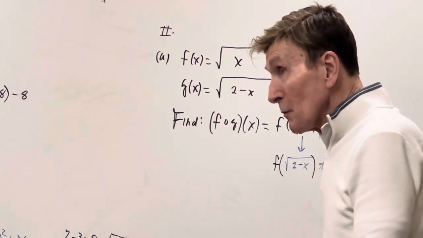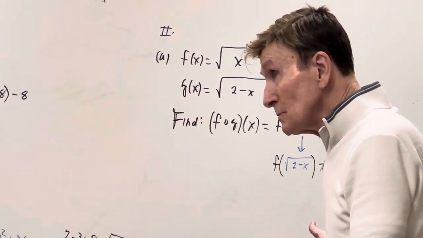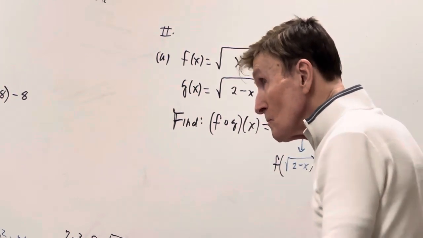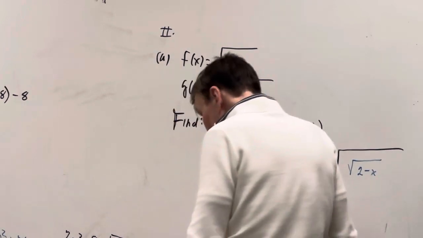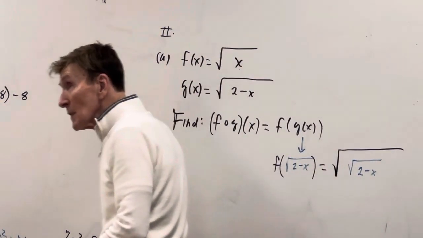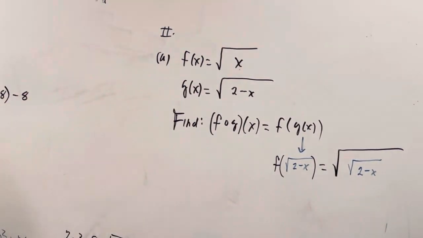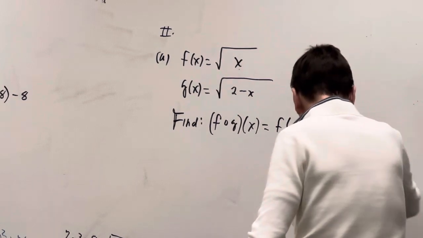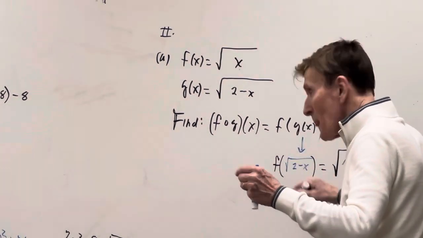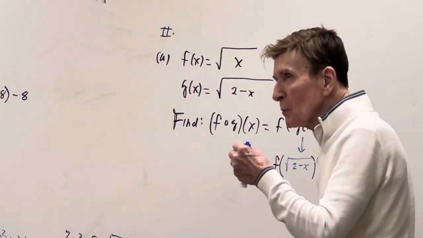Does anyone see another way that you could express that answer? I've got a square root underneath the square root. Is there another way to express it? Maybe you have this in the textbook and you check your answer in the back and say, Professor, I missed it. You can put it to the 1/2. Okay, you're saying that all of that could be expressed as something being raised to the 1/2. The blue, same thing, it's being raised to the 1/2.